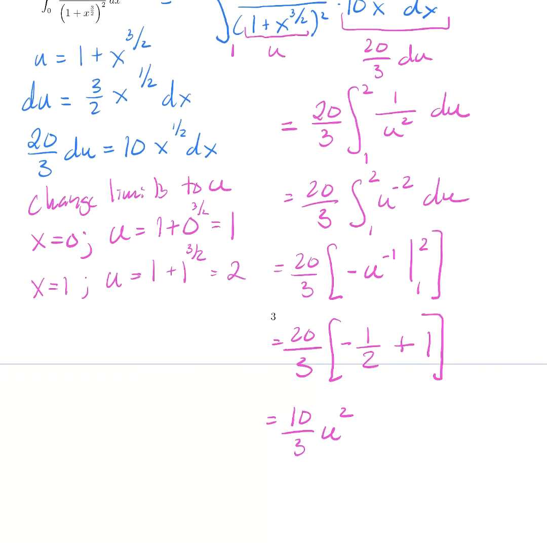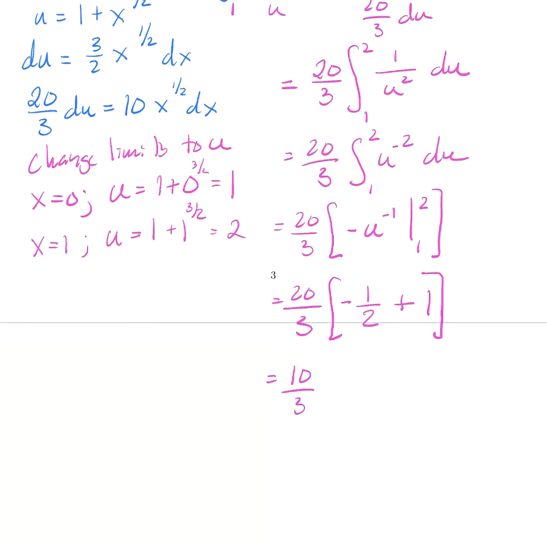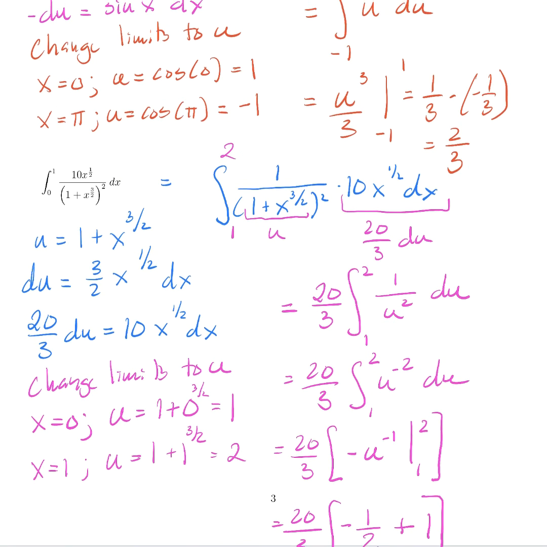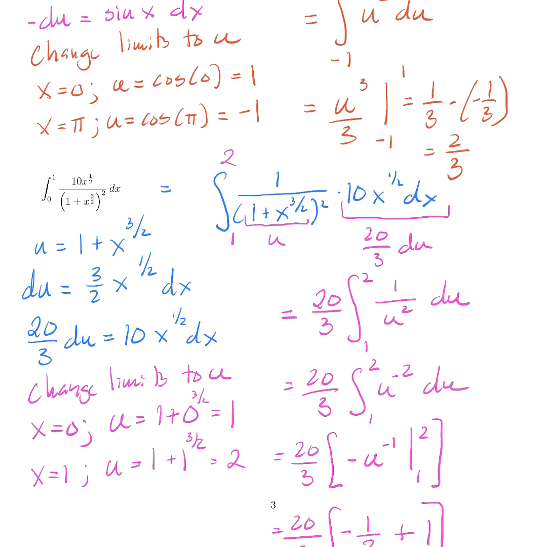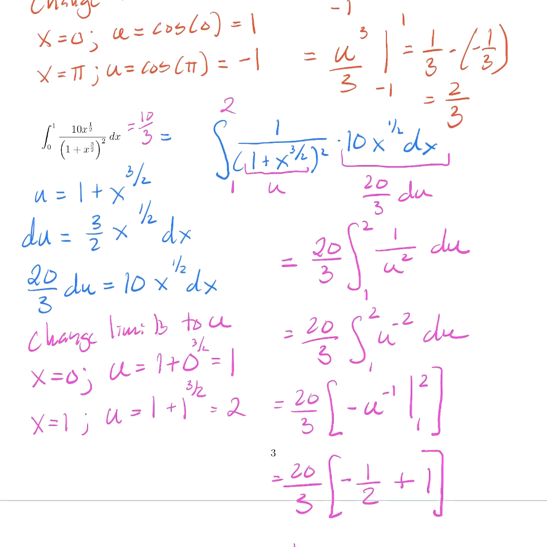I'll leave the square units off. I don't want you to be confused with the u above because they're not related. So it's 10/3. So the area right here between this function and the x-axis is 10/3. Okay, there's u substitution. Try to take that information and work on the class activity for section 4.5.